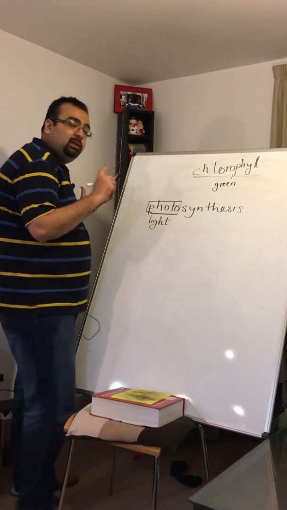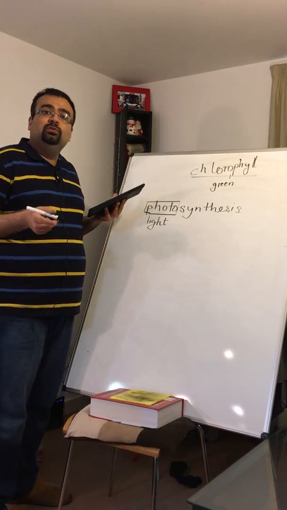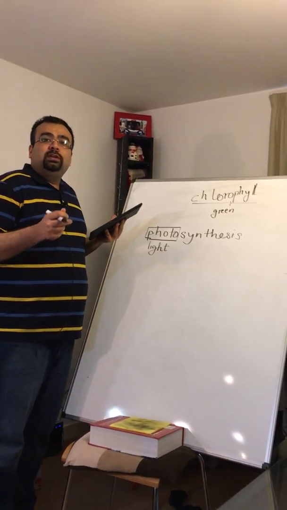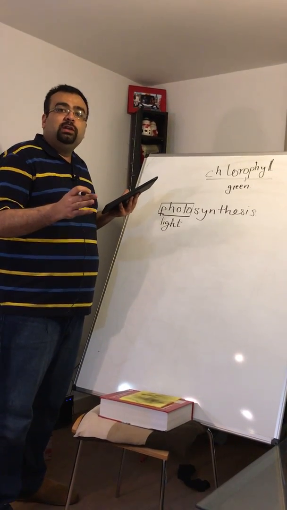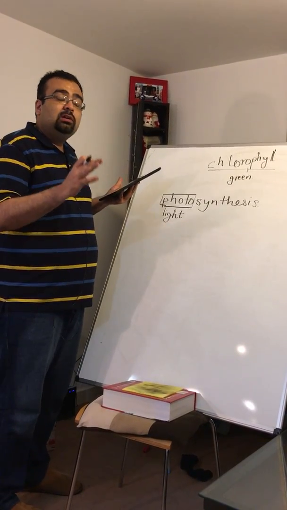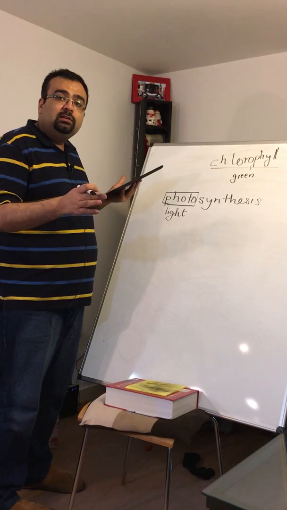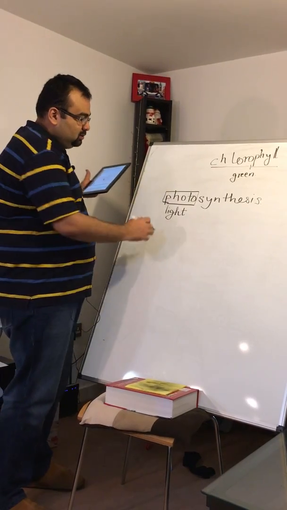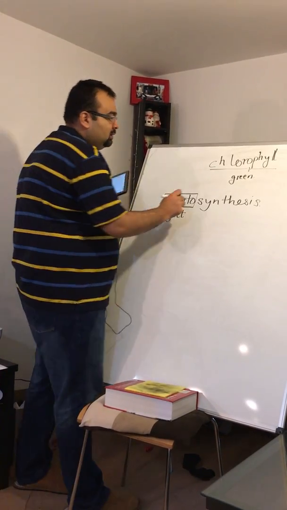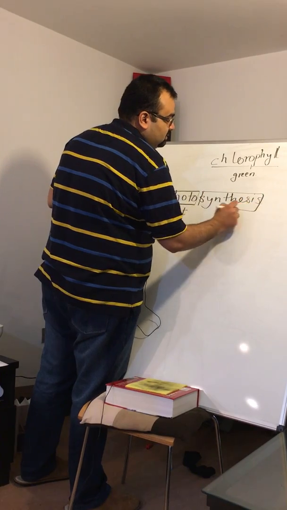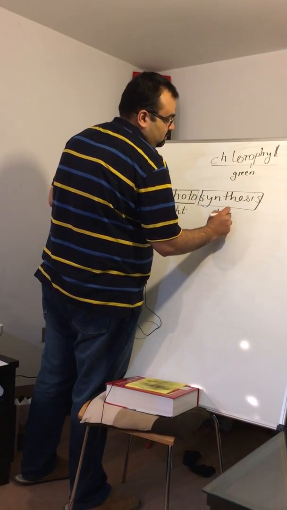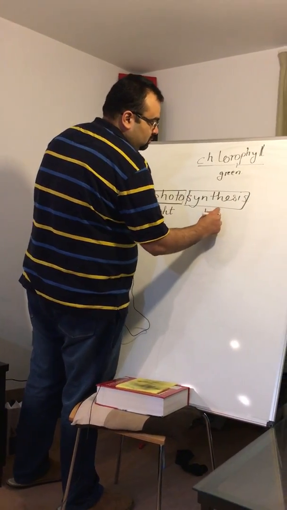So we said initially that plant produces its food from gas, that is the carbon dioxide, then sunlight, and from water. So it needs the light. Synthesis means to produce.